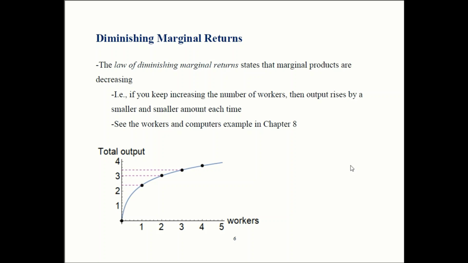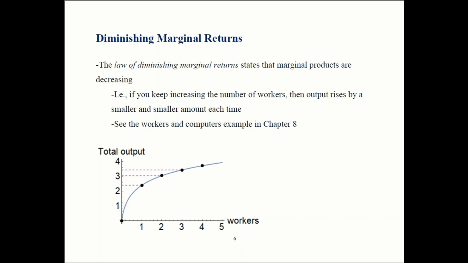Now, we also said earlier that the marginal product of labor is subject to the law of diminishing marginal returns. That's that marginal products, including the marginal product of labor, will diminish as you keep increasing labor more and more and more. Here's a graph that illustrates the law of diminishing marginal returns. When we have 0 workers, we have no output.